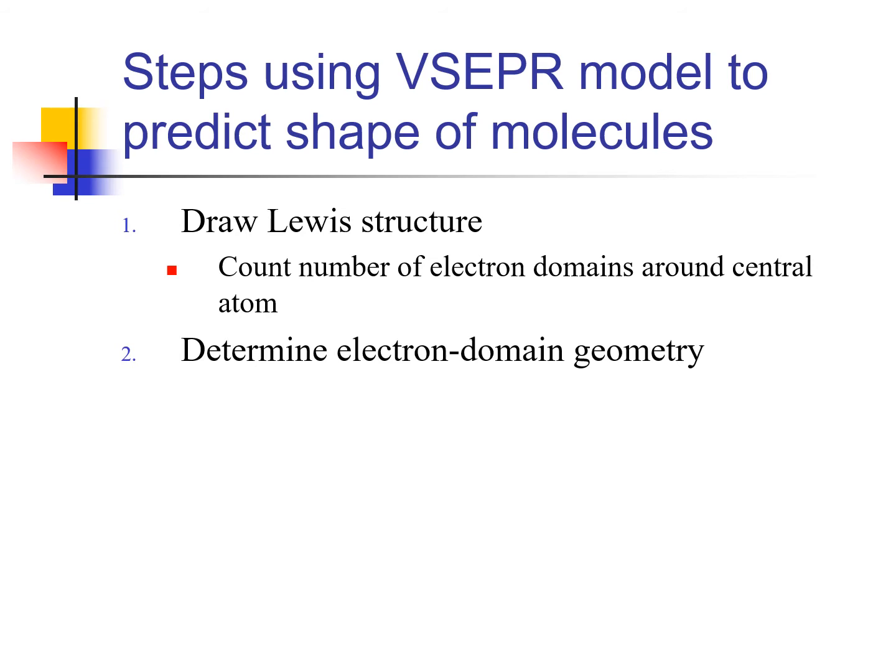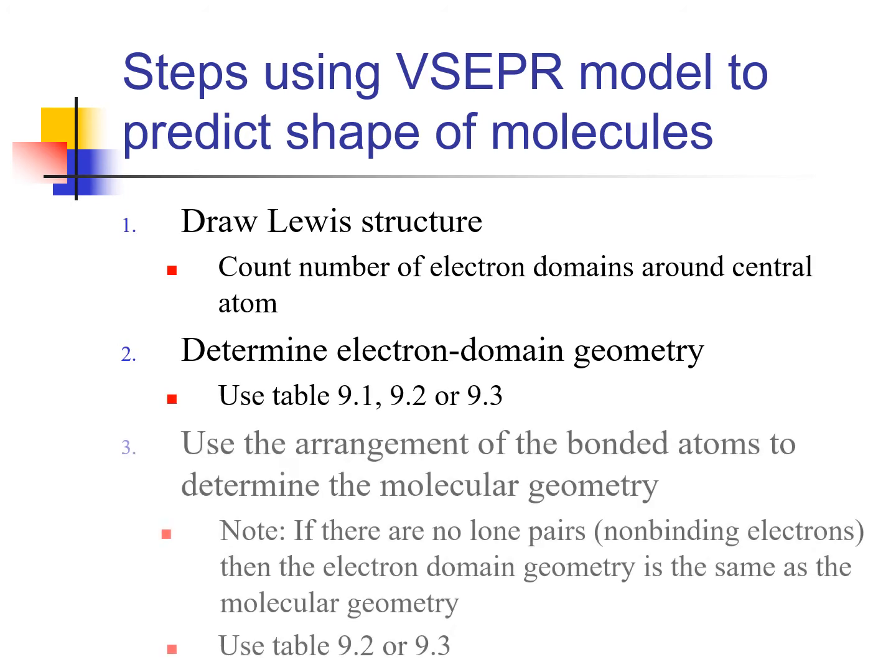Determine the electron domain geometry purely from the number of electron domains. Finally, use the arrangement of the atoms to determine the molecular geometry. In other words, look at how many of those electron domains are lone pairs. That's going to shift you. Again, if there's no lone pairs, then the electron domain geometry is the same as the molecular geometry.